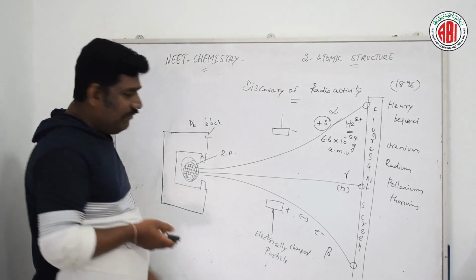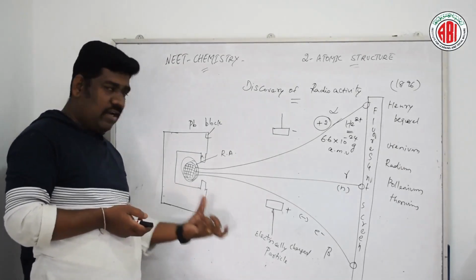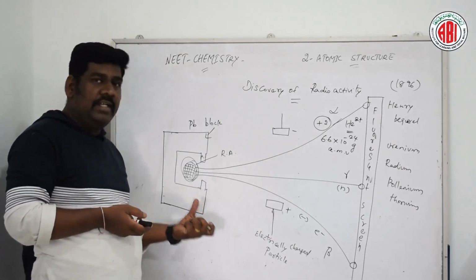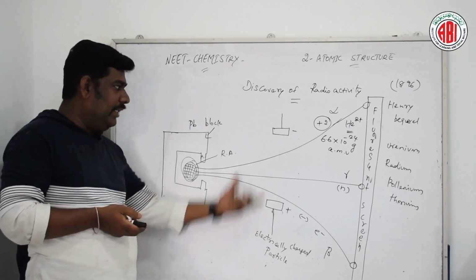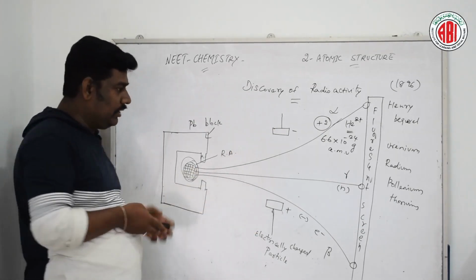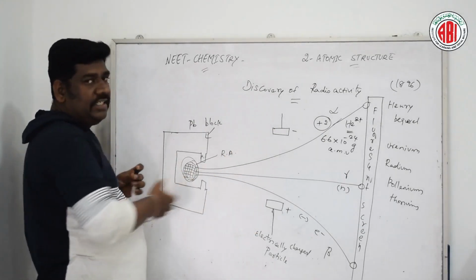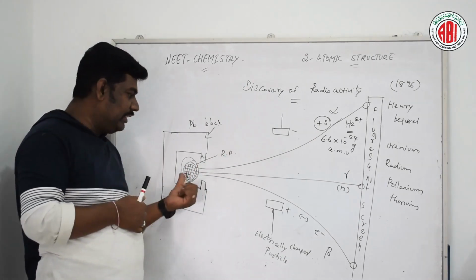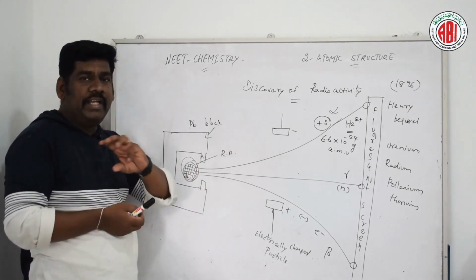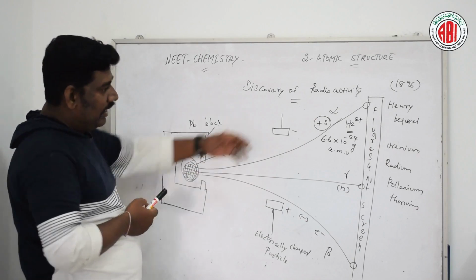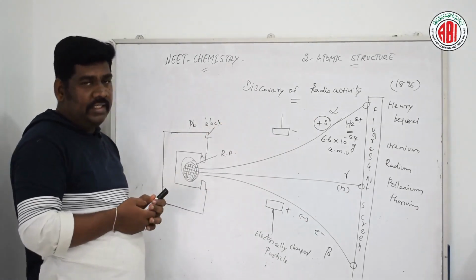Now, when we apply a strong electrical or magnetic field by applying two different electrodes, the radiation passing through this slit is deflected towards the right side or the left side.